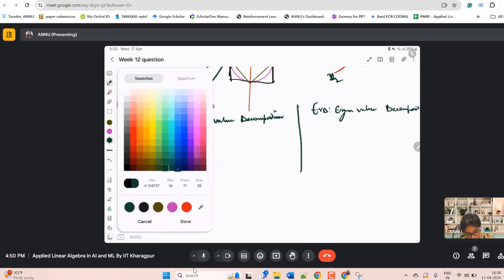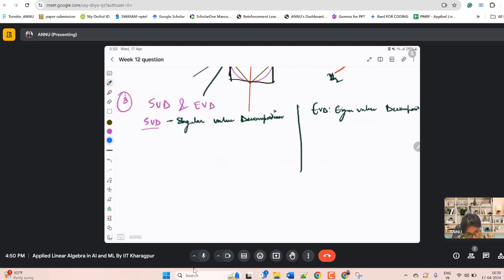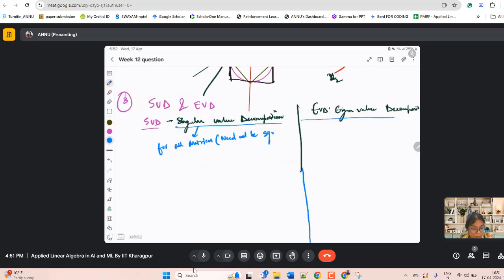So if we go deep into it, singular value decomposition is for all matrices, means need not be a square matrix.